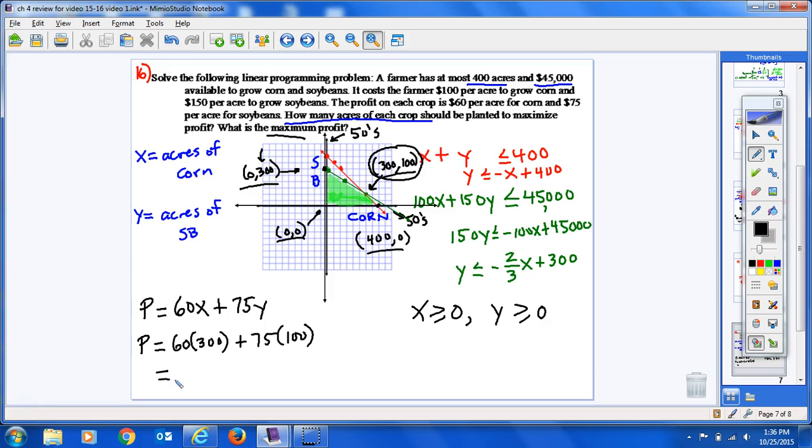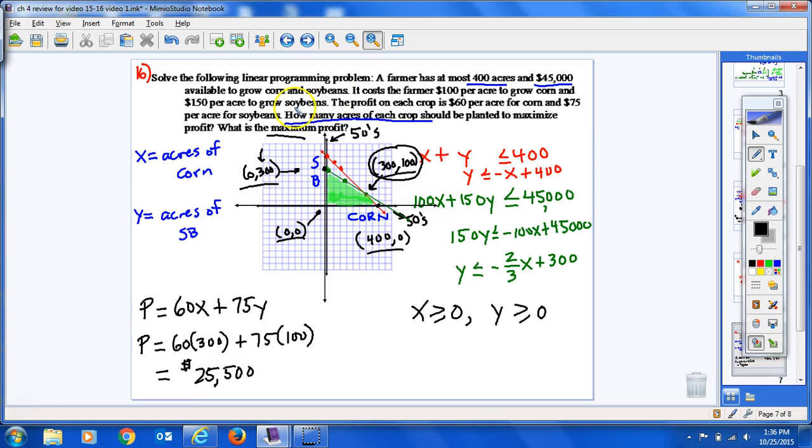And I provided that number for you on the other answer sheet, but I'll just go ahead and give it to you again. Just using your calculator, that should be 25,500. And again, that's dollars, so make sure you express that in dollar amounts.